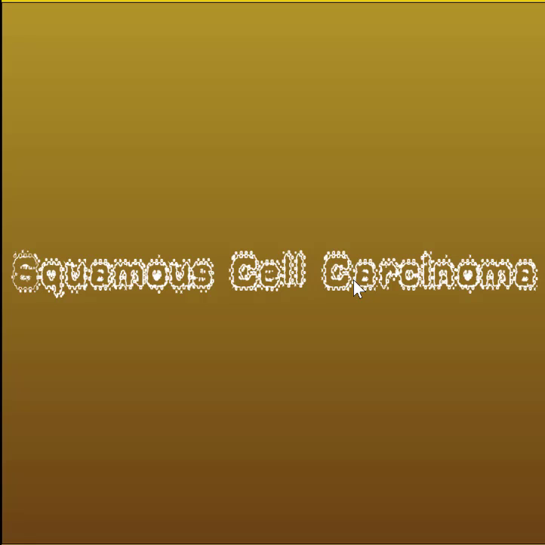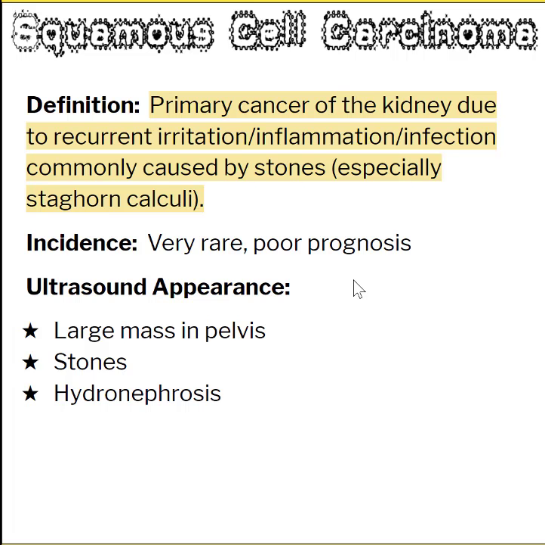Our third cancer of the kidney is squamous cell carcinoma. Now, squamous cell carcinoma is actually pretty rare, but it is also a very aggressive cancer. So it's rare, but has a really high mortality rate. This is also a primary cancer of the kidney, and this one occurs because of recurrent irritation, inflammation, or infection to the renal parenchyma.